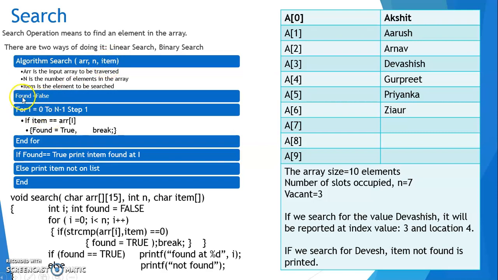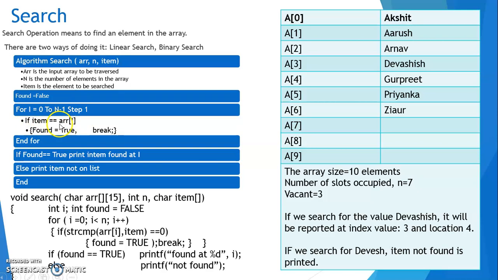Now we will initialize a variable found to false, and when found becomes true, that means we have found the item in the list ARR. Now we will start a loop from 0 till n minus 1, because the array elements are from 0 to n minus 1, and we will keep a step size of 1.